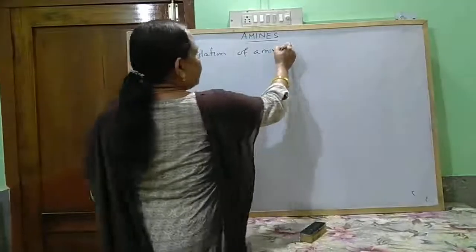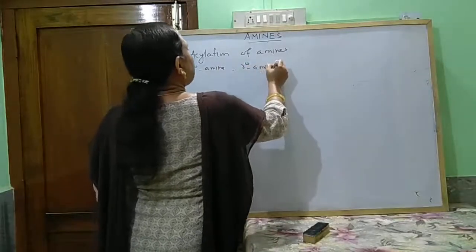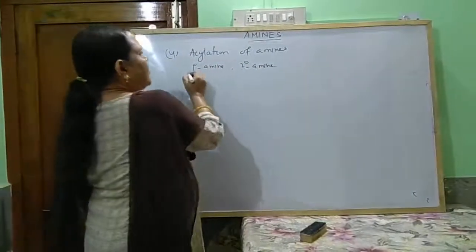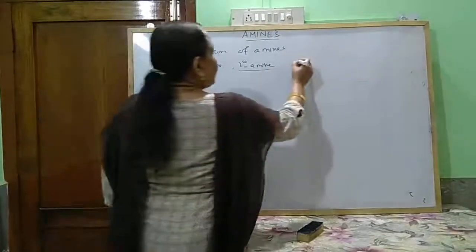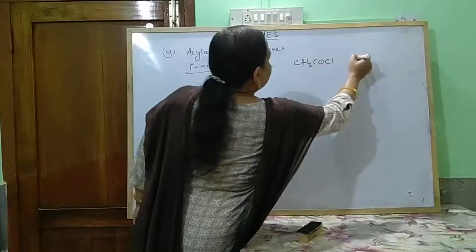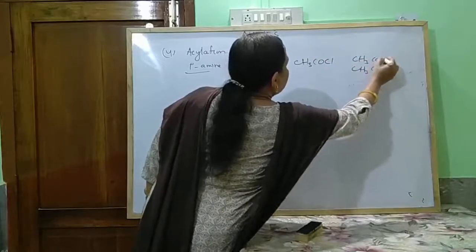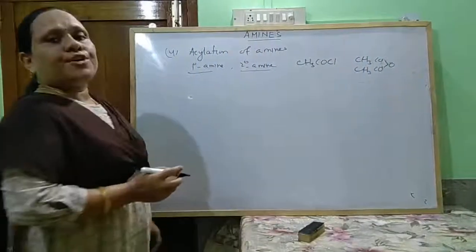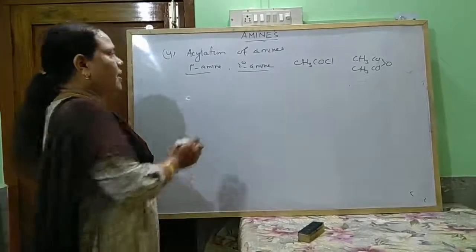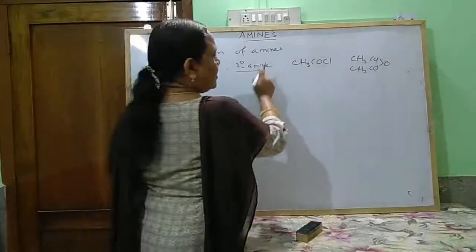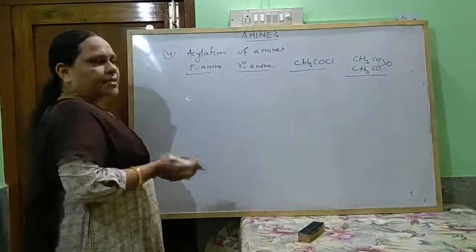Generally primary amines and secondary amines, not tertiary amines, react with acylating agents like acetyl chloride and acetic anhydride to form N-substituted amides.